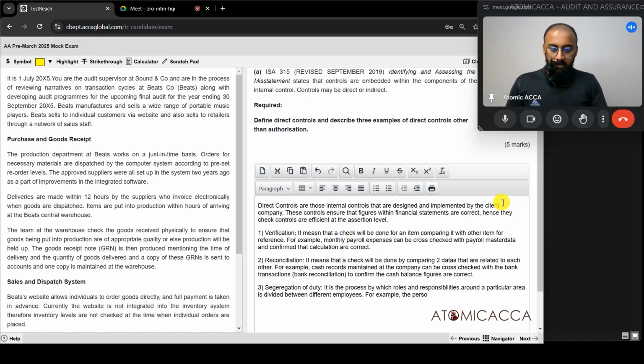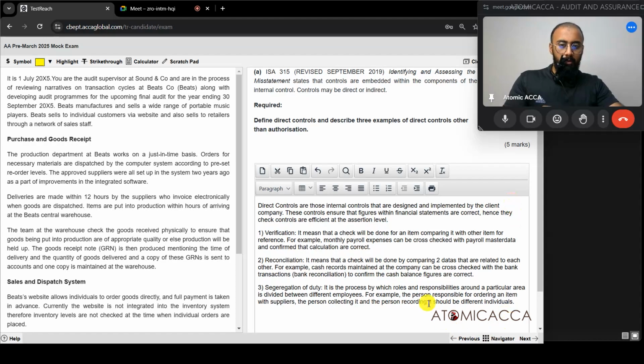The person responsible for ordering an item from suppliers, the person collecting it, and the person recording it should be different individuals.